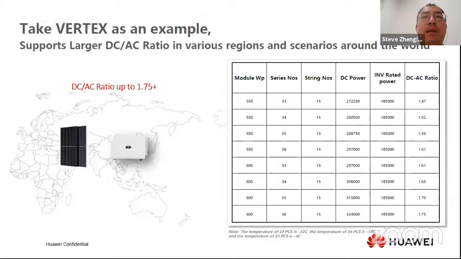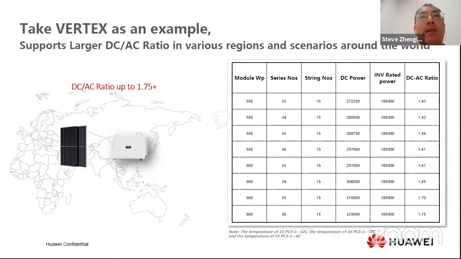Okay, let's go into the next one. Now we are taking the Vertex as an example. Consider globally lower temperatures, like minus 20 degrees or minus 5 degrees or minus 4 degrees. We did some calculations using 550 or 600 watt modules.